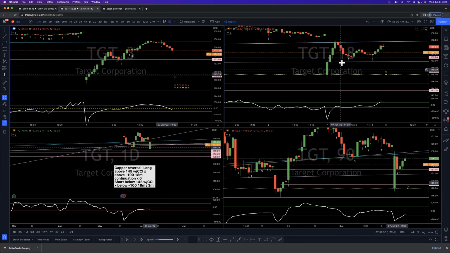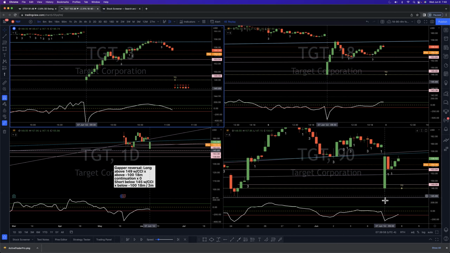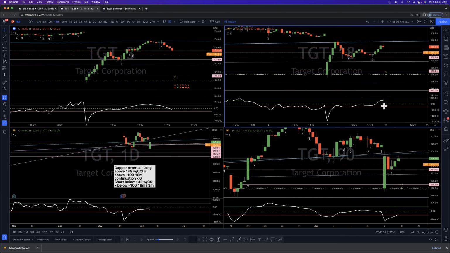But I took a risk and I said, I'm going to take this short at the 11 o'clock flip because, again, CCI is still below -100 on the 90, still in my red zone, but trending up. So I took this here at the 11 o'clock flip, right? At this 3-2, 2, crossing back down.